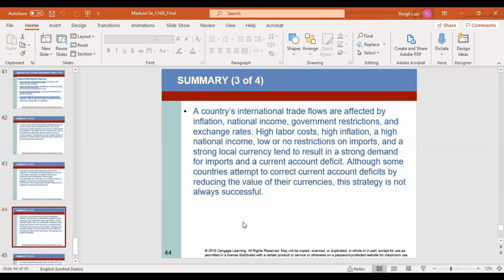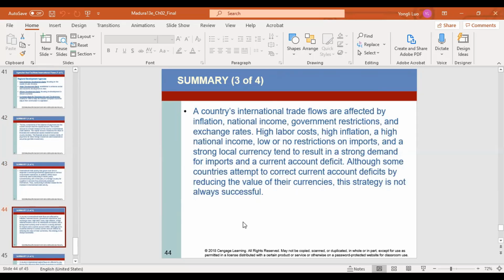A country's international trade flows are affected by inflation, national income, government restrictions, and exchange rates. High labor cost, high inflation, higher national income, low or no restrictions on imports, and a strong local currency tend to result in a strong demand for imports and a current account deficit.